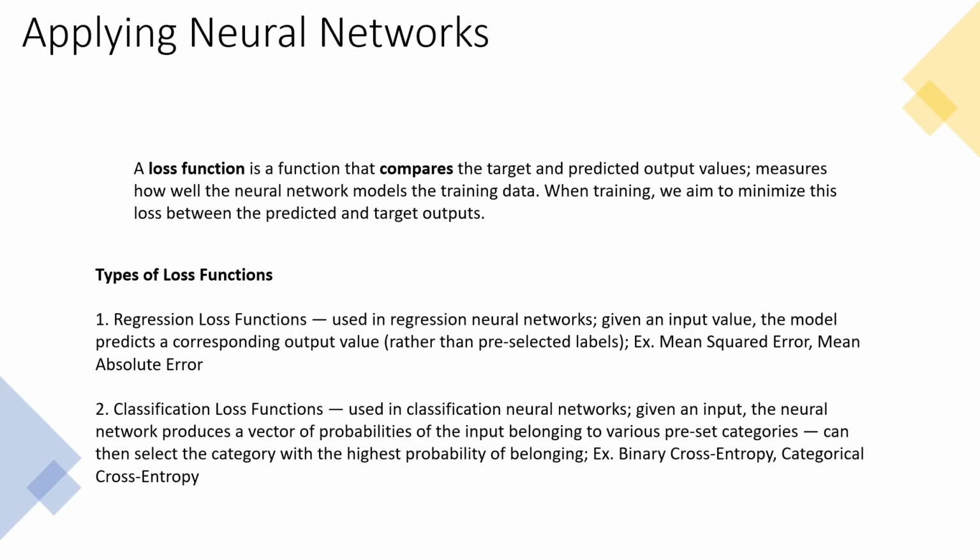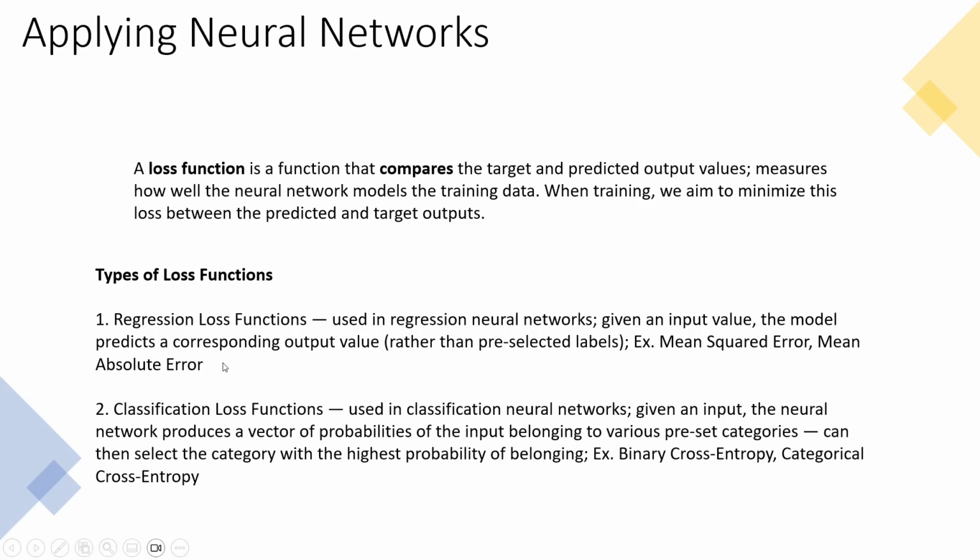If we have a regression problem, then we use loss functions like mean square error and mean absolute error. This was the case with our regression problems as well, and it's the same with neural networks. If you are trying to predict a real value with regression, then you need to use a loss function like mean square error or mean absolute error.